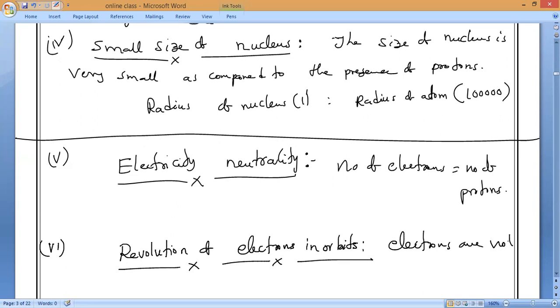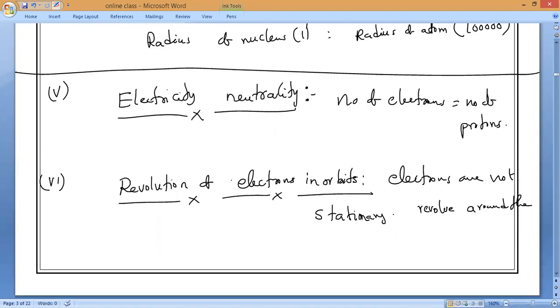Electrons are not stationary. What are they doing? Revolving. They revolve around whom, guys? They revolve around the nucleus.